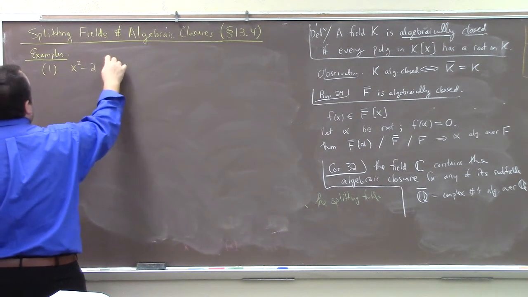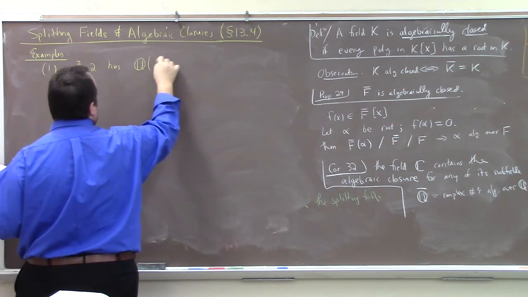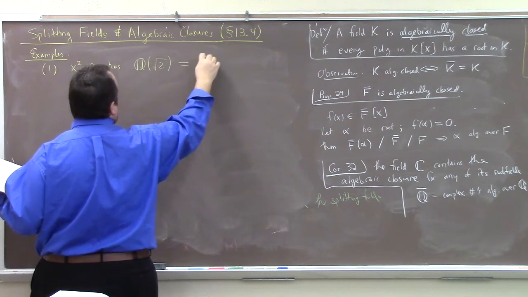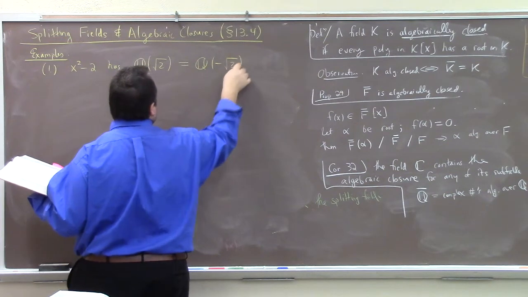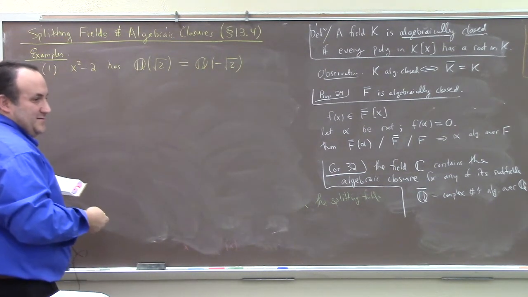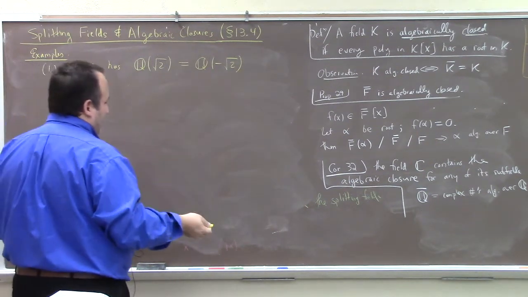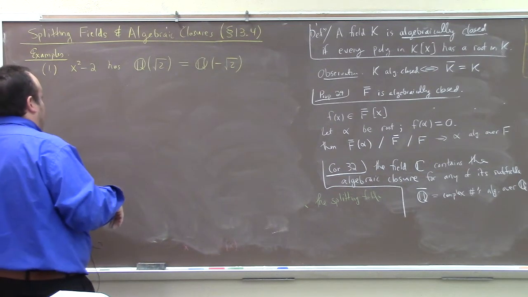X squared minus 2 has splitting field Q adjoin square root of 2, isomorphic, in fact equal, to Q adjoin minus the square root of 2, right? Adjoining square root of 2 or minus square root of 2 gives the same field actually. That's the splitting field, right?